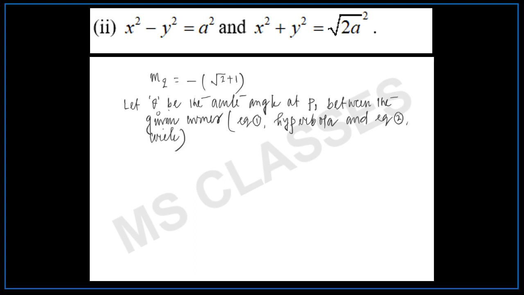So the angle between the curves is the same as the angle between the tangents.